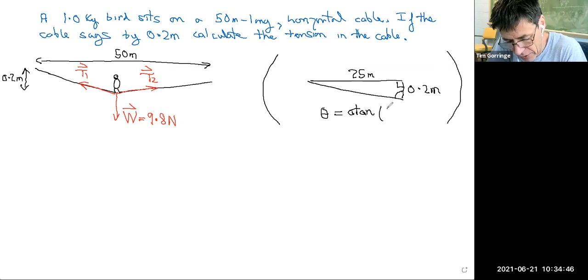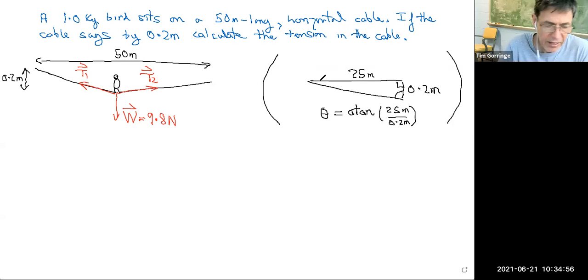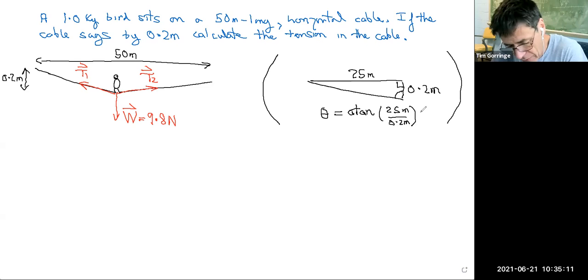So that would be 25 meters divided by the adjacent side of the triangle. That would be 0.2 meters. So it's this length over the sag. And arctan of 25 over 0.2, which is arctan of 125, comes out to be, I worked it out here, 85.4 degrees.